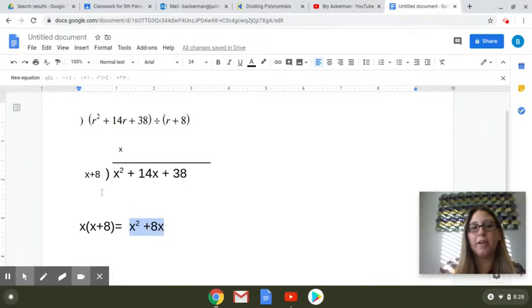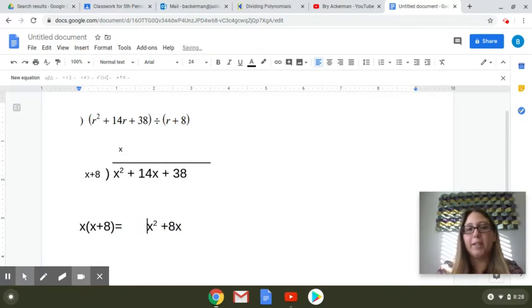This goes under here. Now, what you need to do though is if you remember long division back in whatever grade that was, like 3rd grade, you need to subtract it. So we have to subtract this, but you have to distribute that subtraction sign. And so we end up with the negative x squared, right?